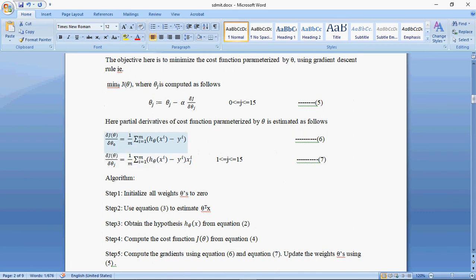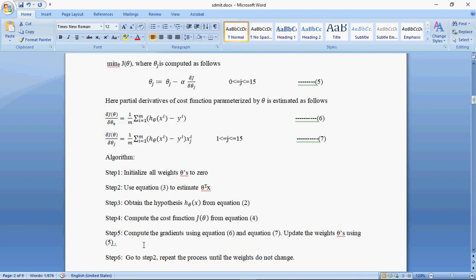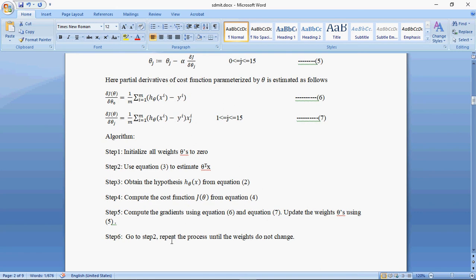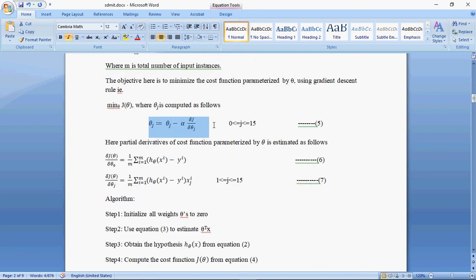This helps you to evaluate the gradients, because we know the hypothesis and the desired output, and also the inputs are known. Since we have this in our hand, we can definitely evaluate these two components. Once we measure the gradients, you have to update the weights using equation 5. Use equation 5 and update all the weights from theta naught to theta 15.